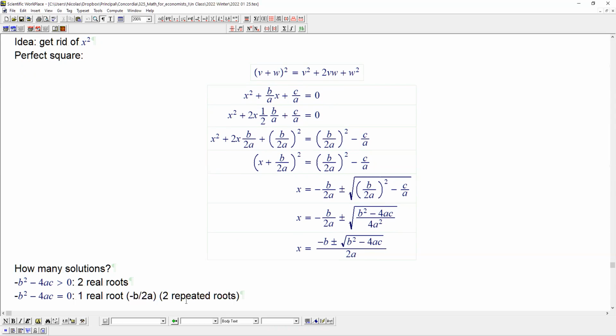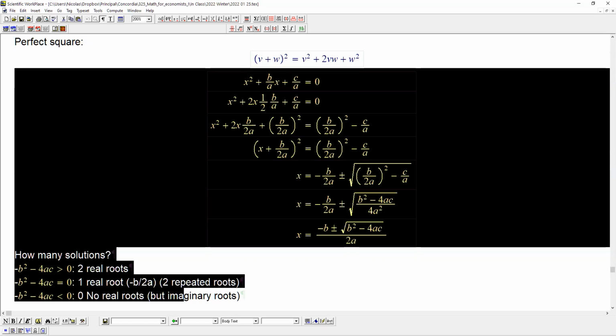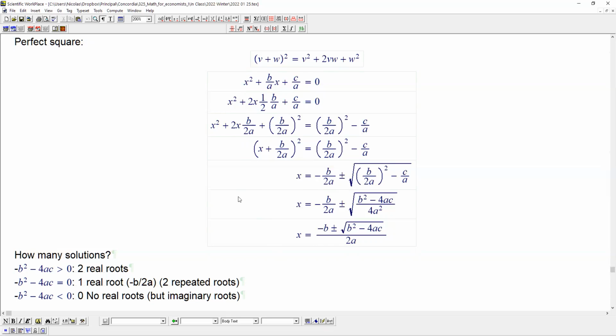But yeah, it's just a matter of how you call things. And if b squared minus 4ac is smaller than 0, so no real roots, but of course, imaginary roots. So there's no problem if we allow for imaginary numbers, but don't worry, I'm not going to go there.